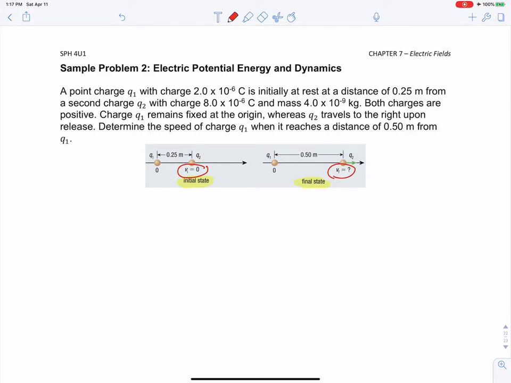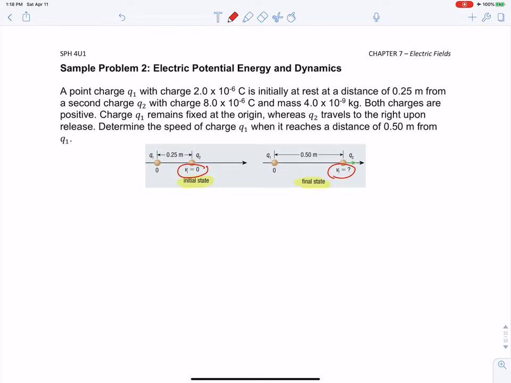So let's read the question. A point charge, Q1, of 2 times 10 to the power of negative 6 coulombs is initially at rest, a distance of 0.25 meters from a second charge with a charge of 8 times 10 to the power of negative 6 coulombs and a mass of 4 times 10 to the power of negative 9 kilograms. Both charges are positive. Charge Q1 remains fixed at the origin, whereas charge Q2 travels to the right upon release.